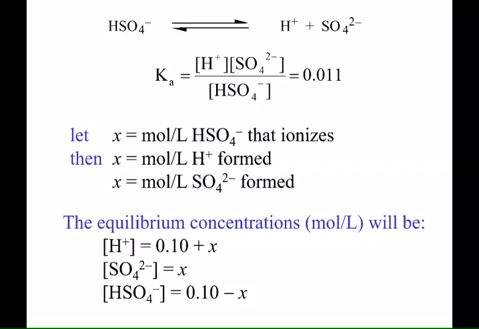Your hydrogen ion is 0.10 from the first ionization plus X. The sulfate is X, and your HSO4 minus would be 0.10 minus X. So it's going to look like this: H plus is 0.10 plus X times X for sulfate ion, over 0.10 minus X, and that's all equal to 0.011.